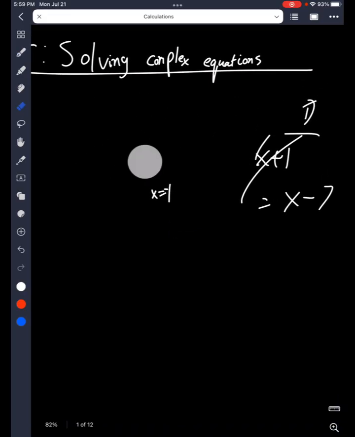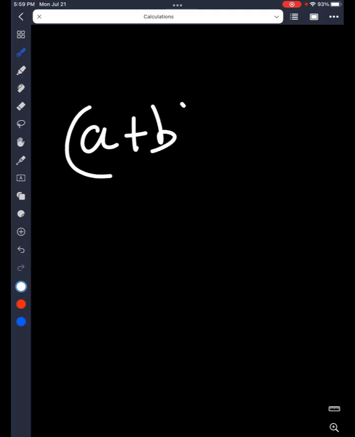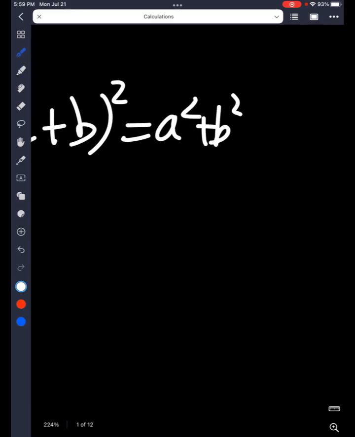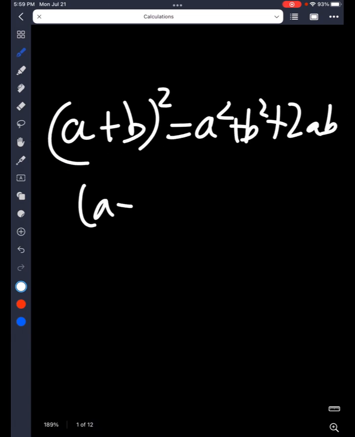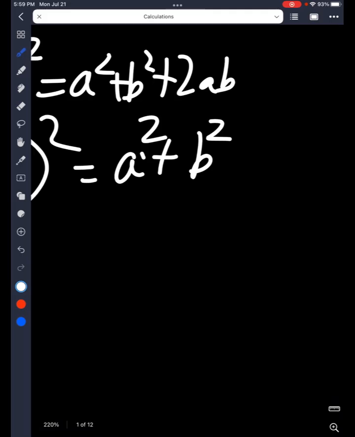Also, one useful thing is if you can remember, let's just say a and b. a plus b squared is a squared plus b squared plus 2ab. Similarly, a minus b squared equals a squared plus b squared minus 2ab.